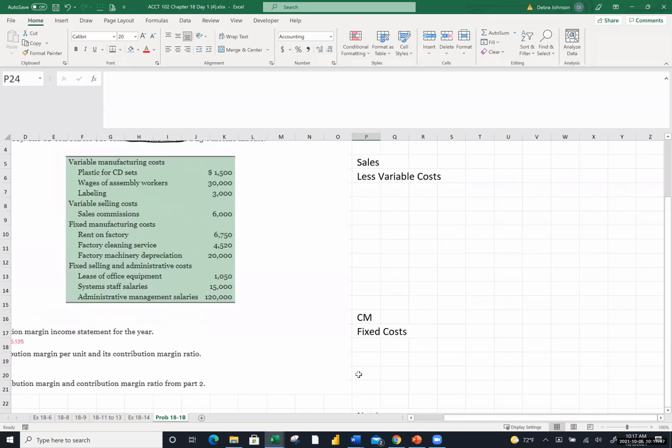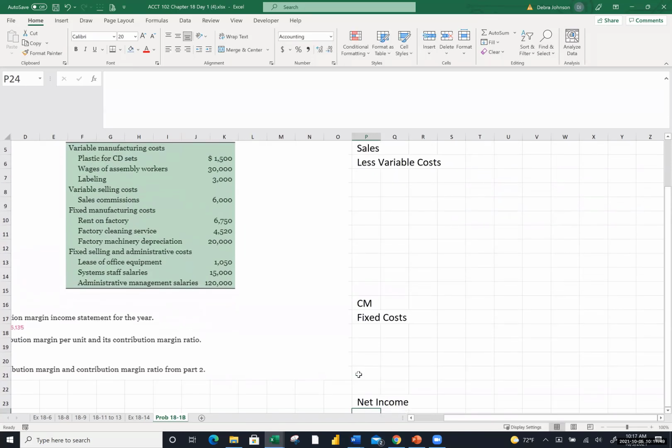So they asked for a contribution margin income statement. I know that we're changing the way our income statement looks because it's going to help us do a bunch of forecasts. So now I'm going to go through these various items and we're going to put these costs either variable or fixed.